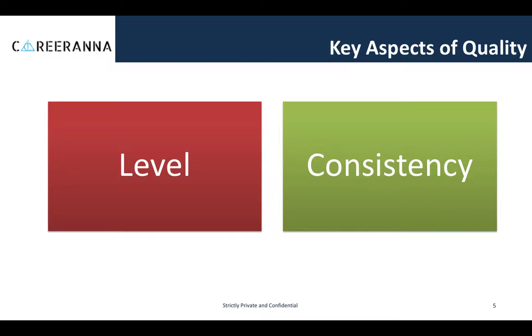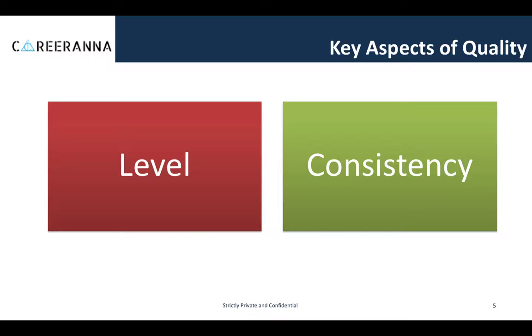Secondly, the level of the quality of my product should always be higher than that of the competitor, and hence when I say the level, I say my product's quality is higher than the quality of someone else's product, and this quality is consistent across the duration of the time you are going to use the product.